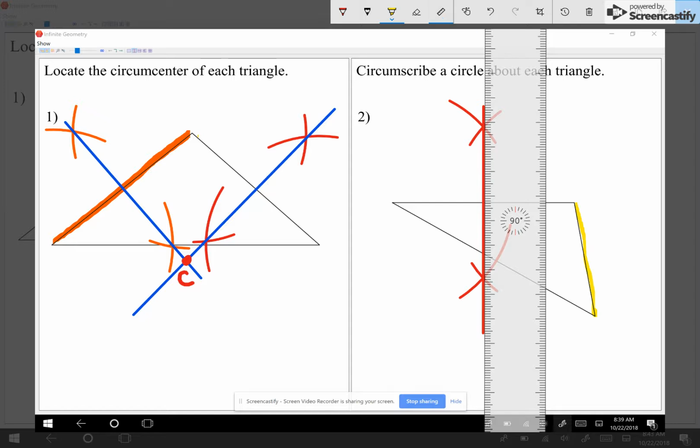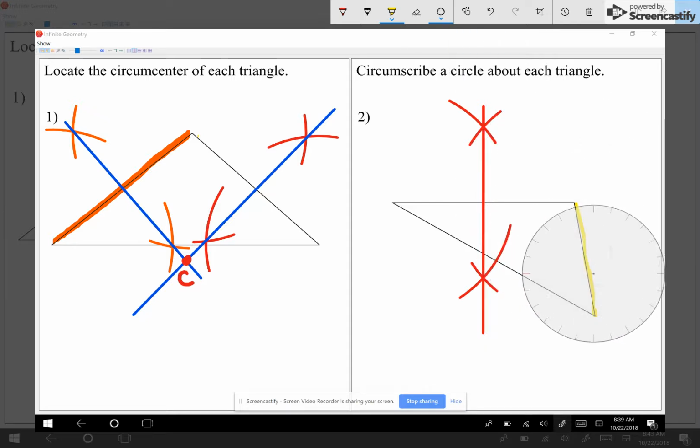So I'm going to grab my compass. I'm going to center it at one end of the segment. Make sure my compass goes more than the middle. I'm going to do an arc here and an arc there. I'm going to go to the other end of the segment.